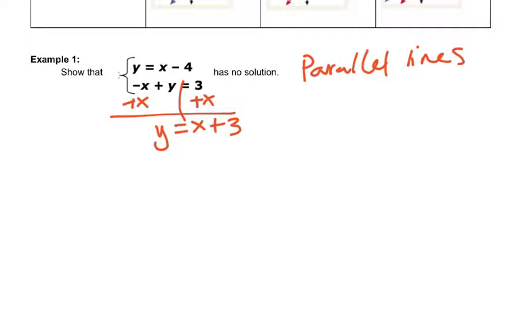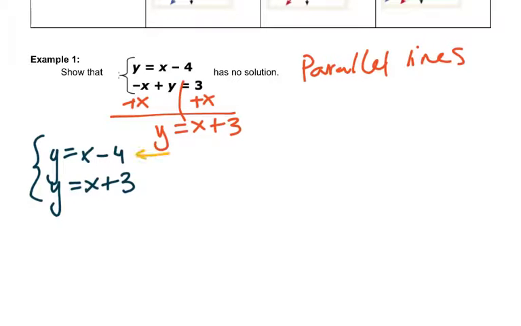And so from here, you should be able to say that if our system includes y equals x minus 4 and y equals x plus 3, they have the same slope, because your slope is 1, and different intercepts.